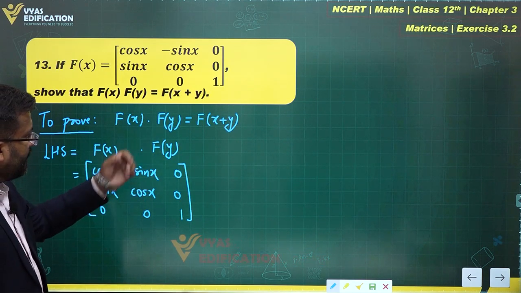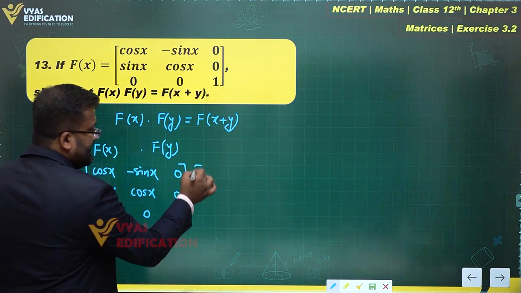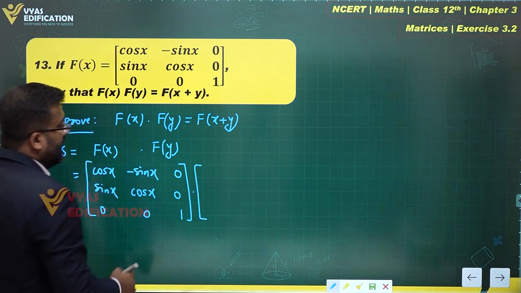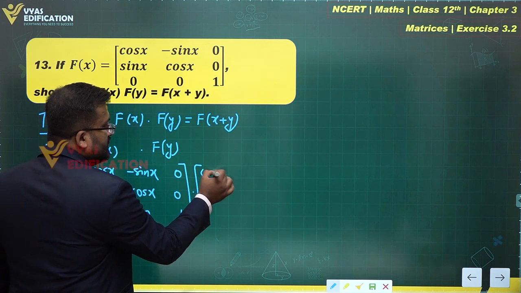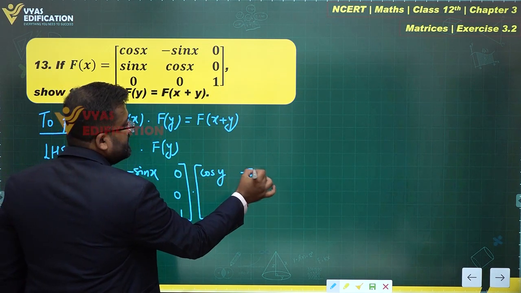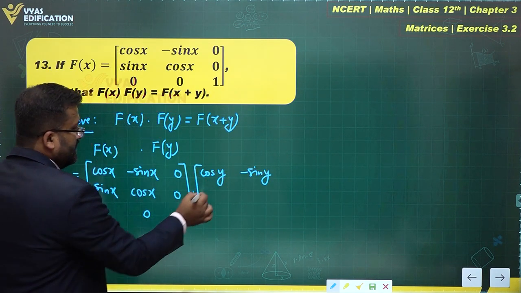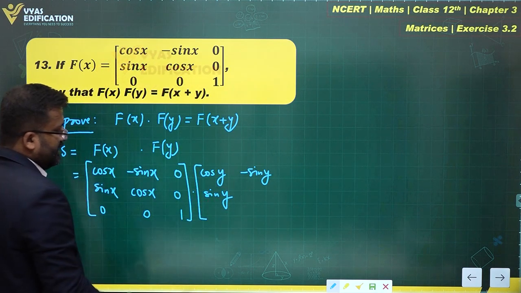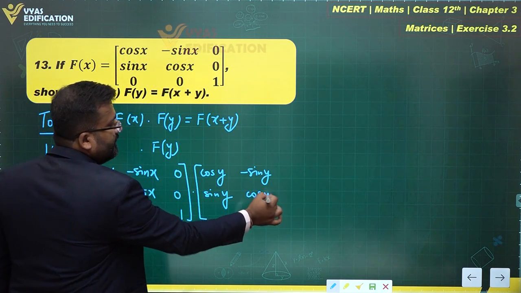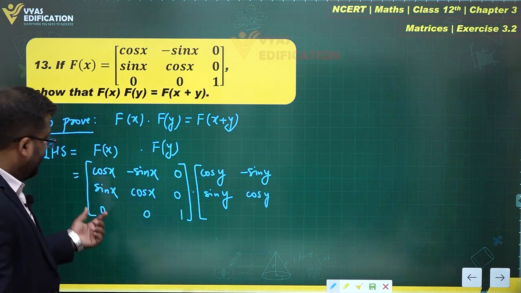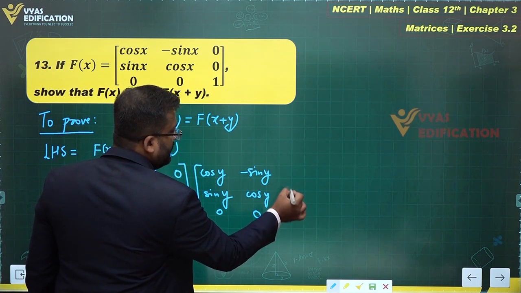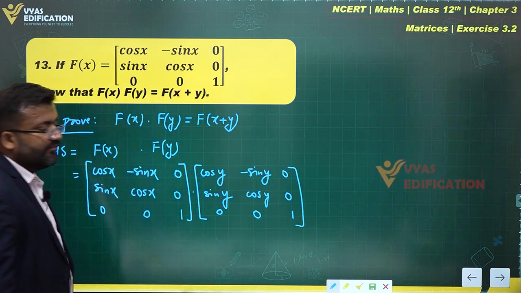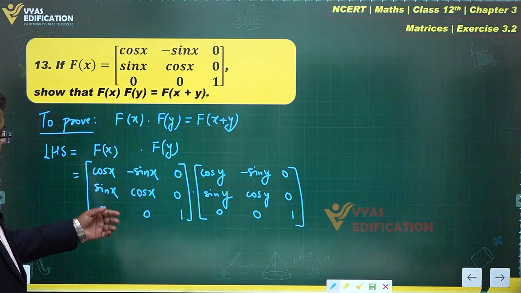What is the matrix f of y equal to? F of y is another matrix where this x should be replaced with y. So this becomes cos y, minus sin y, sin y, cos y, and the rest of the terms will remain as they are: 0, 0, 1, and 0, 0. That is it? Yes, that is it.